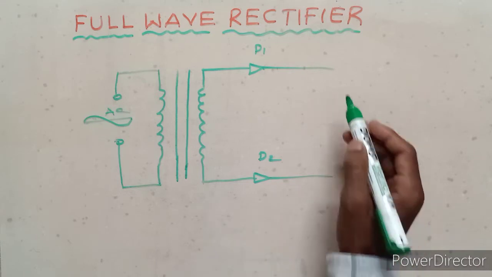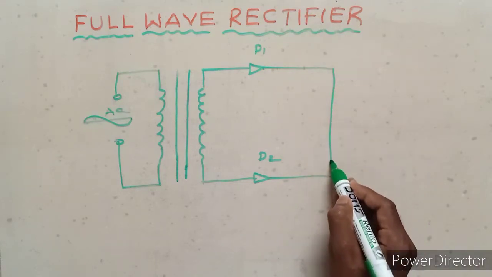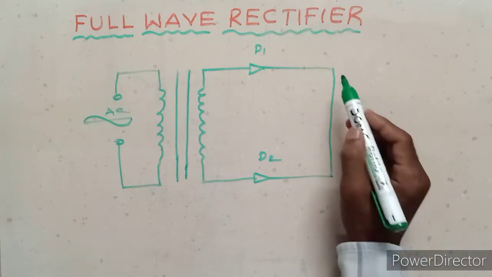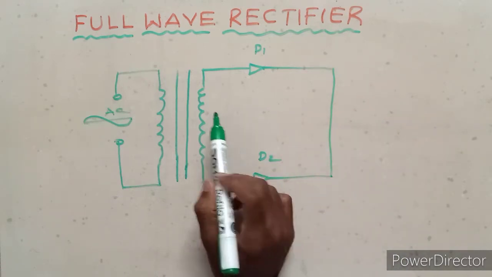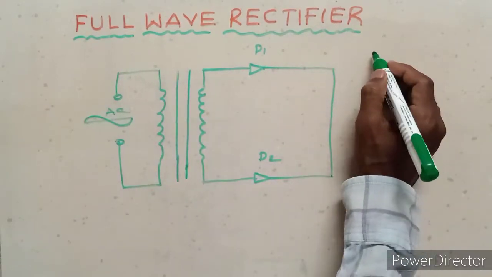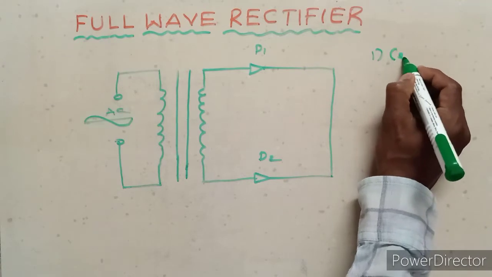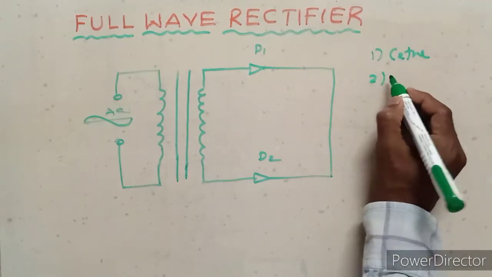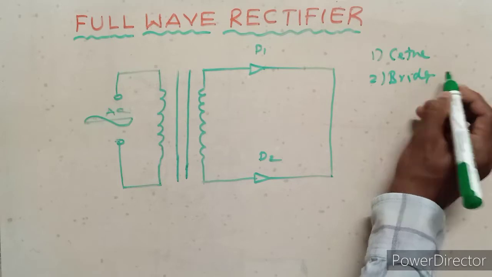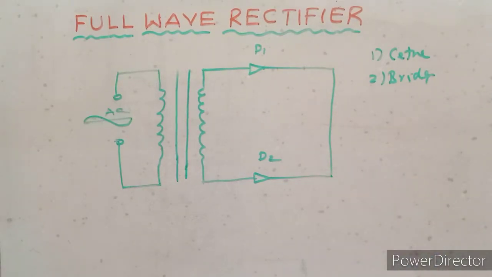Full wave rectifiers are of two types. First one is the center tapped and second one is the bridge rectifier. Center tapped and bridge rectifier.